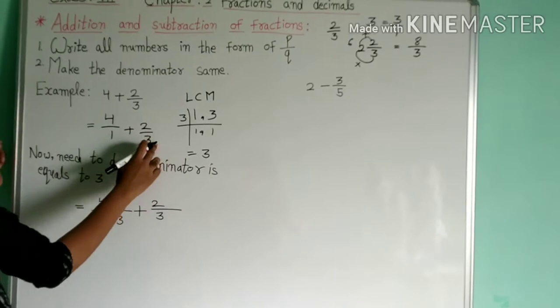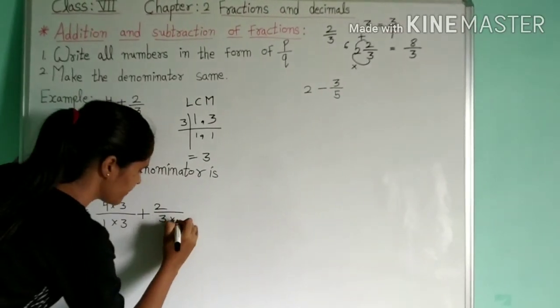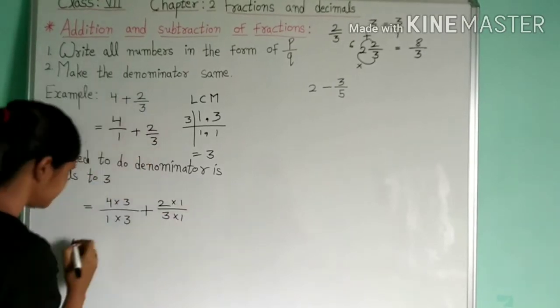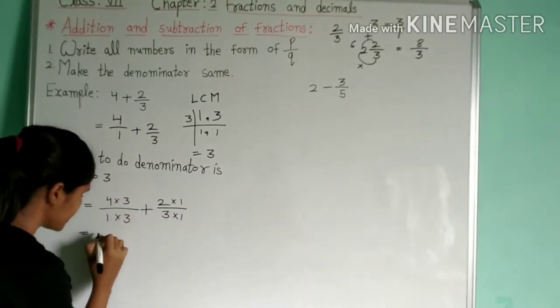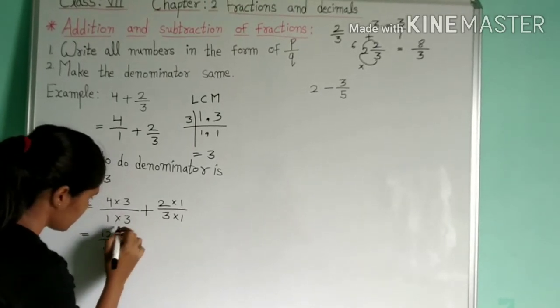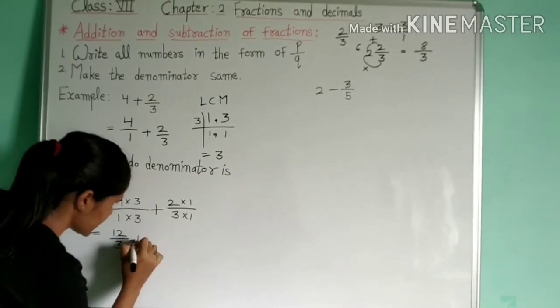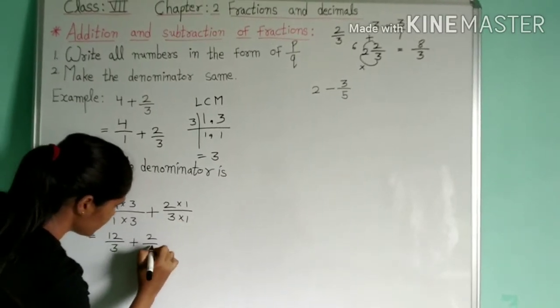Now see here 3 is already given, so we multiply it by 1. Now 4 3s are 12 and 1 multiplied by 3 is 3, then plus sign, then 2 and 3.